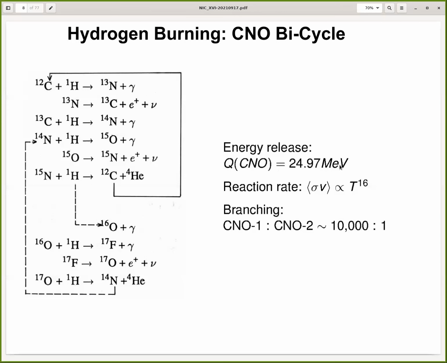Oxygen 15, which played a role here, was 122 seconds. Nitrogen 13 is 10 minutes. Fluorine 17 is 64 seconds. One we hadn't seen yet, but it can play a role in one of the other CNO cycles, oxygen 18, lives almost 2 hours.